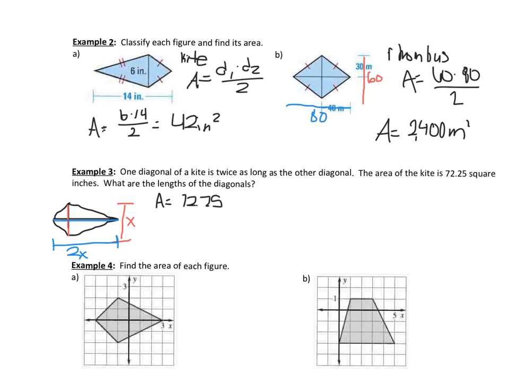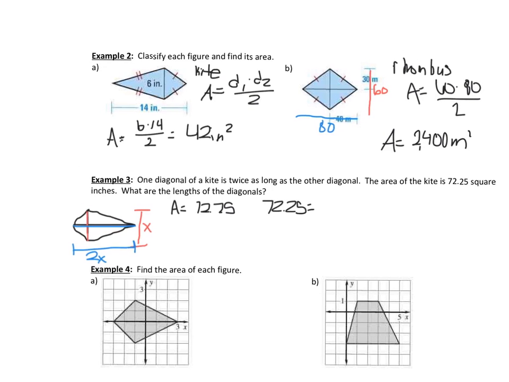So my area, which I know is 72.25, is equal to my first diagonal, which is X, times my second one, which is 2X. Take that whole thing, divide by 2. So we simplify. 72.25 is equal to 2x squared divided by 2.